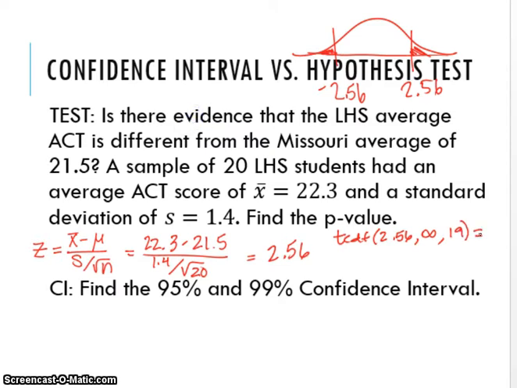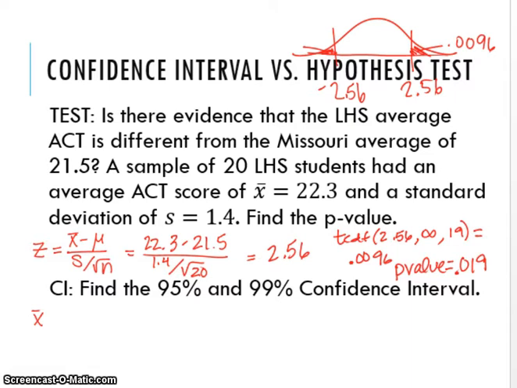When you type that into your calculator, you get 0.0096. So this area to the right is 0.0096, and the area to the left is also 0.0096. So times 2, the p-value is 0.019.